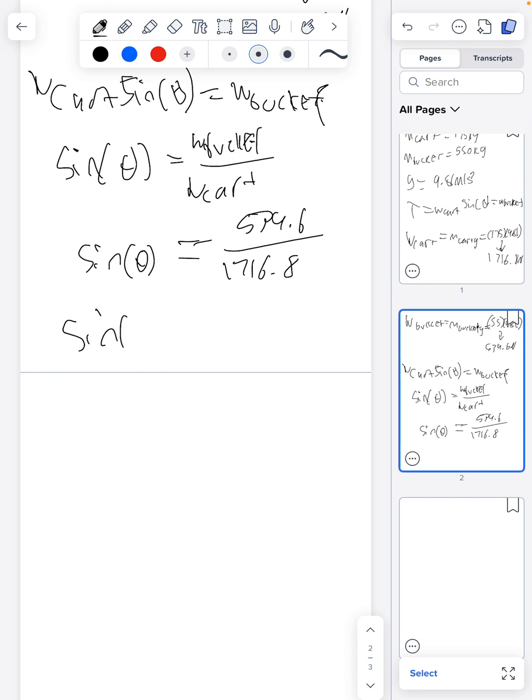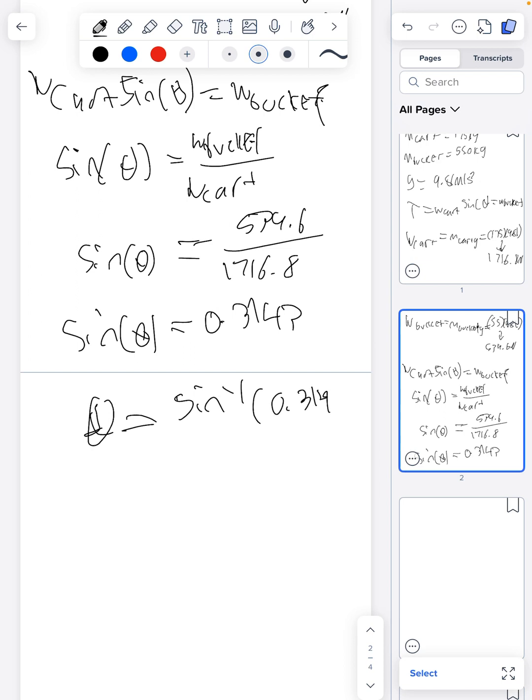It should average out to be like 3143, and to find the angle, you're going to take the inverse sine of that number, and that will leave you with 18.3 degrees. It is going to be the final answer for part E.